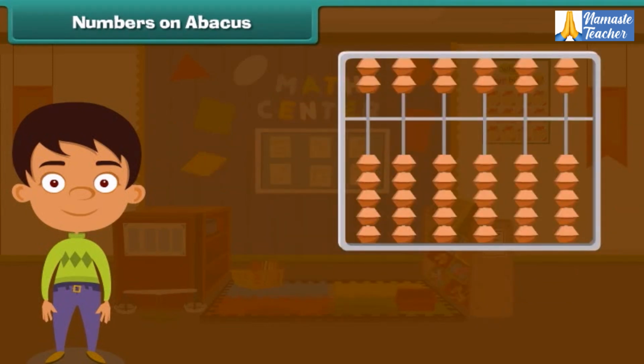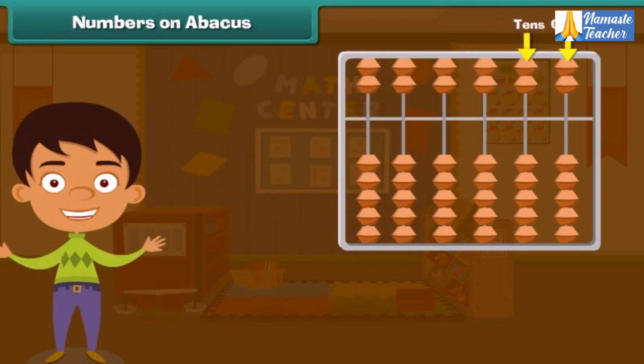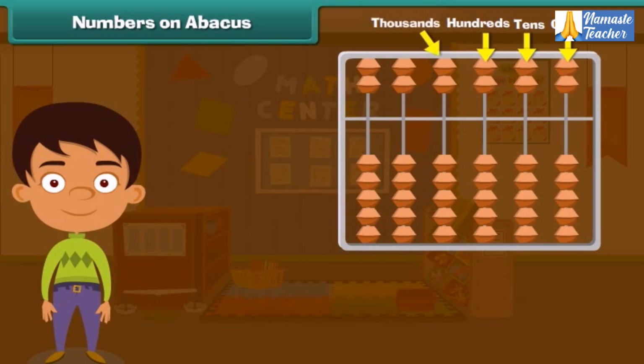Numbers on abacus. Each vertical rod in the abacus represents a place. The rightmost rod represents the ones place, the rod to its left represents the tens place, and so on. Let us move 3 beads on the lower deck of the ones rod towards the beam to represent number 3.